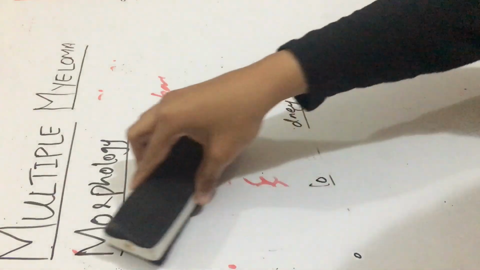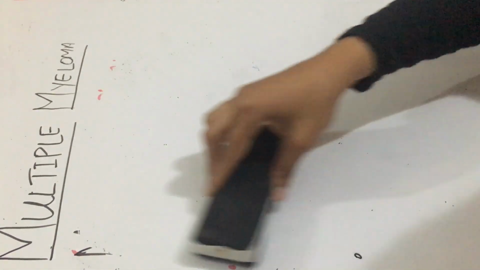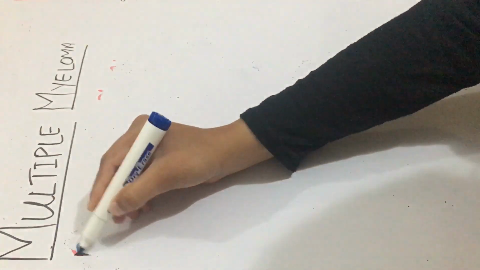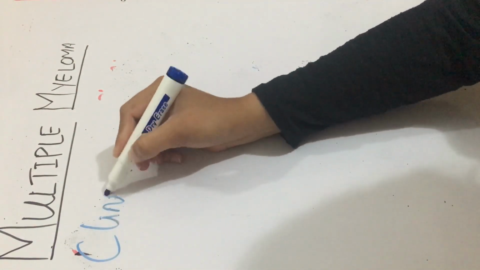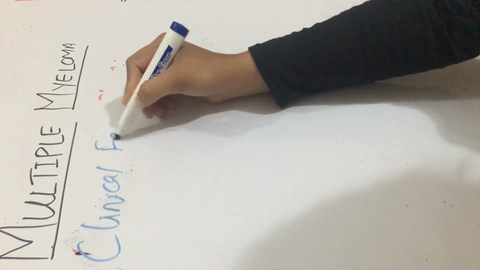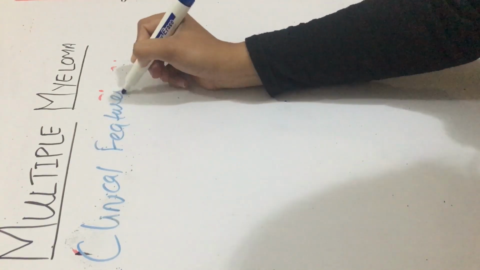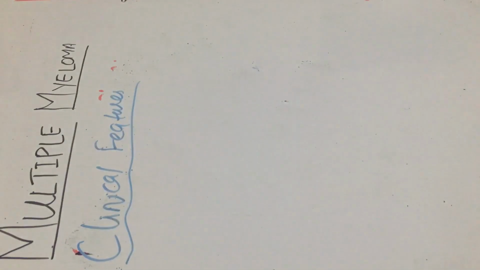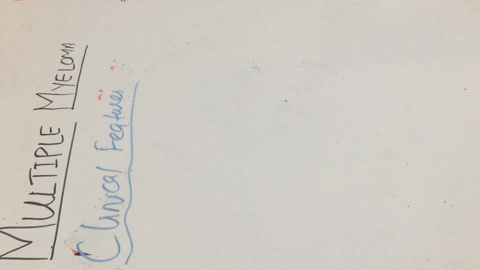Now we discuss the clinical features of multiple myeloma, that is, how the patients of multiple myeloma are going to present to us. These clinical features are due to the excessive amount of immunoglobulins which are being synthesized and which have pathologic effects on our body.